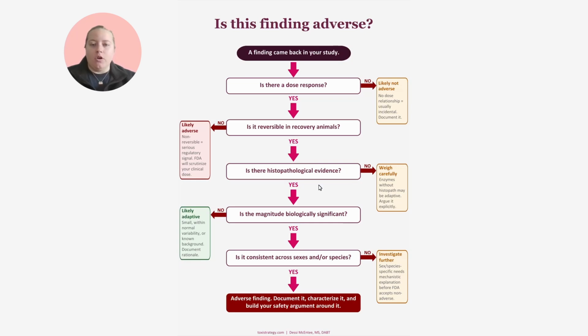As long as the science is sound, you might not necessarily have adverse effects on a study, but if you do, it's something that warrants a discussion, particularly with the study director, the CRO, the pathologist, the sponsor, and then ultimately with the FDA within your IND or any regulatory agency that you submit to.